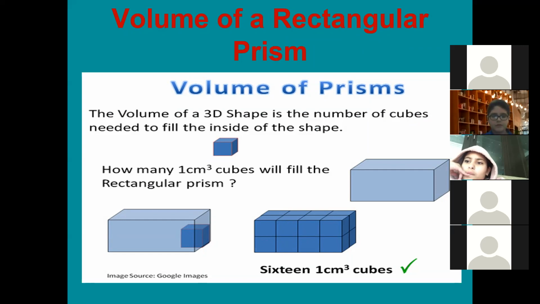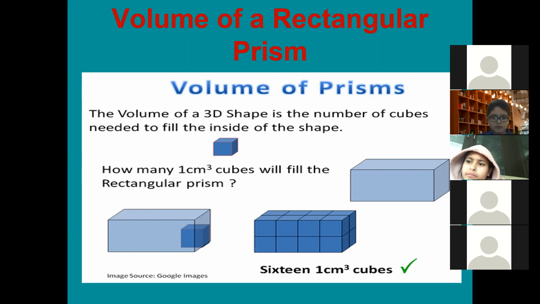And the cubes are the small dark blue cubes. What is the volume of this gray shape? 16 cubic inches.